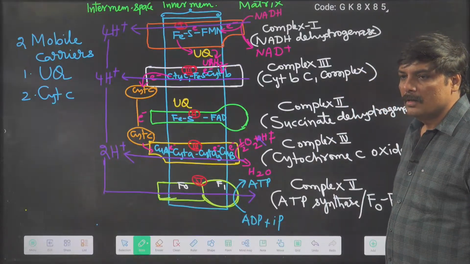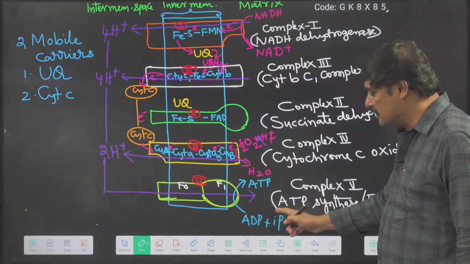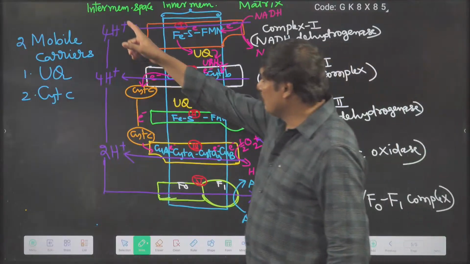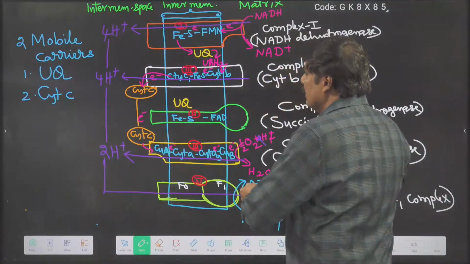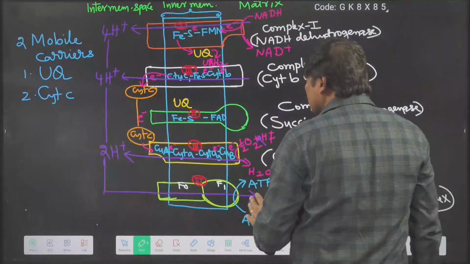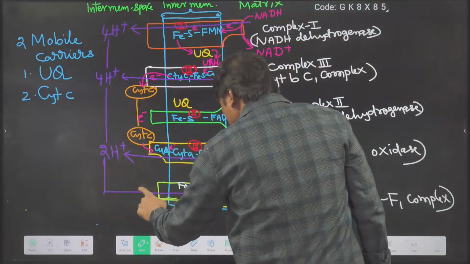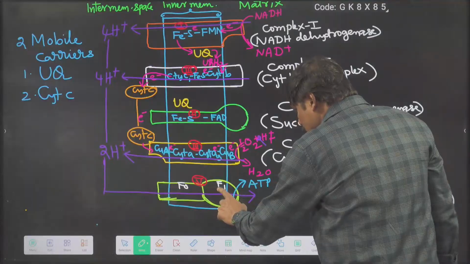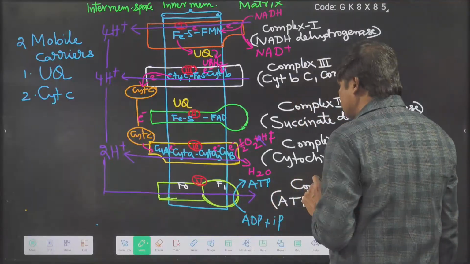Okay. In the 5th complex, ATP is formed and released into the matrix. I repeat once again carefully. More protons are accumulated in the intermembrane space. These protons move into the matrix only through the fifth complex. First, the protons are passed into the F0 component. From F0 they move into the F1, and from F1 they move into the matrix.